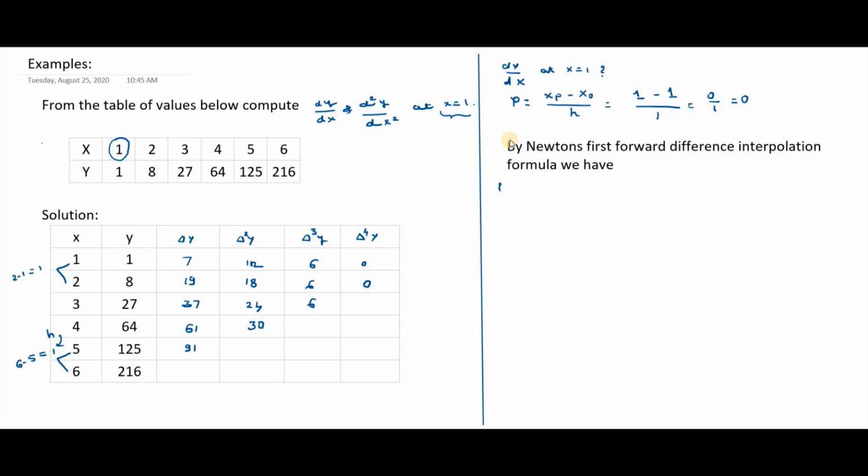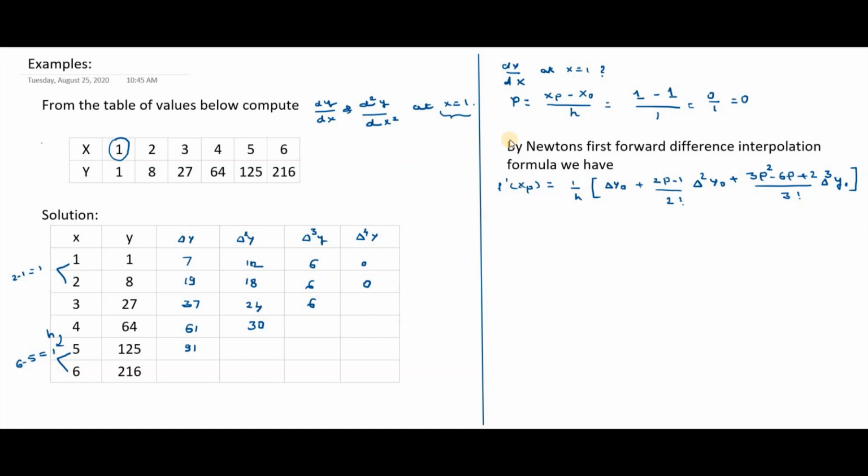That is f dash of xp is equal to 1 divided by h into bracket delta y naught plus 2p minus 1 divided by 2 factorial into delta square y naught plus 3p square minus 6p plus 2 divided by 3 factorial into delta cube y naught.